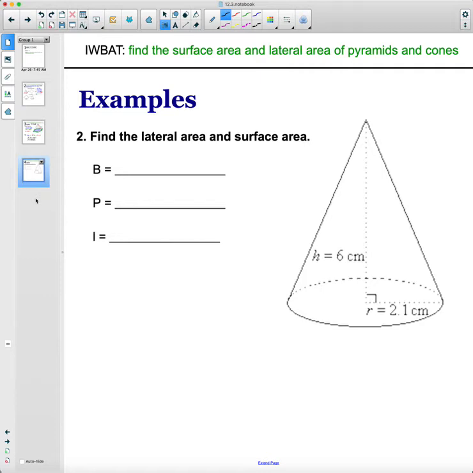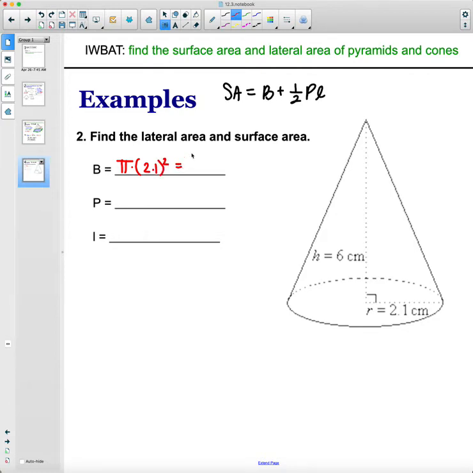And let's look at a cone. Okay, so a cone, again, surface area of a cone, it has one base, so it's the B plus 1/2 PL. Okay, so area of the base, in this case, it's a circle, so pi times the radius squared. The radius is 2.1.